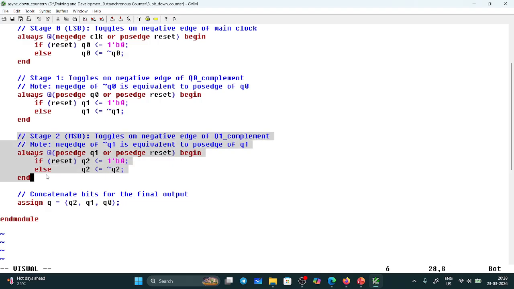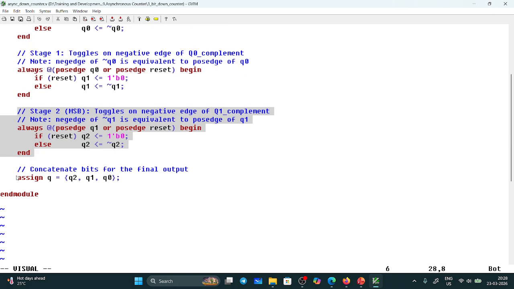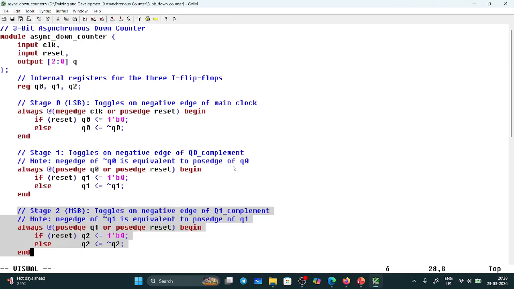Okay, this is stage 2. And at last what I need to do is concatenate. So concatenation operation: assign Q equal to Q2, Q1 and Q0, and end module. Is it fine?